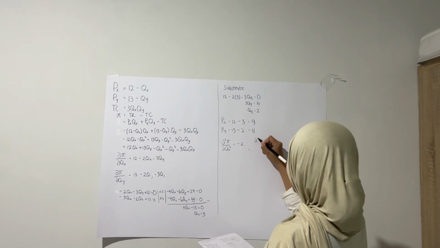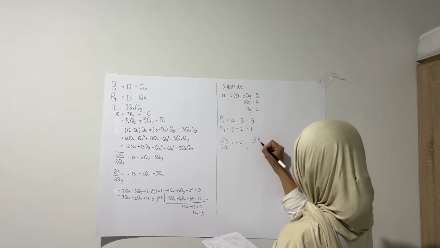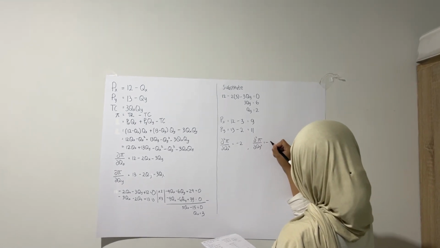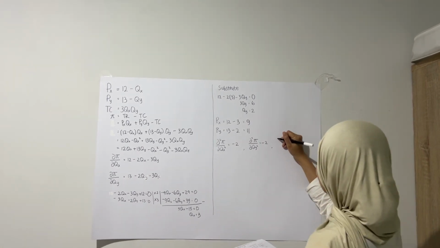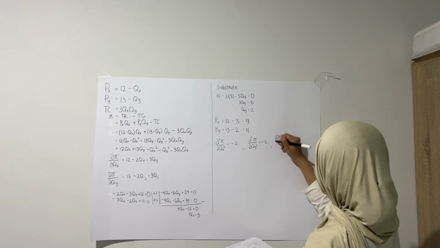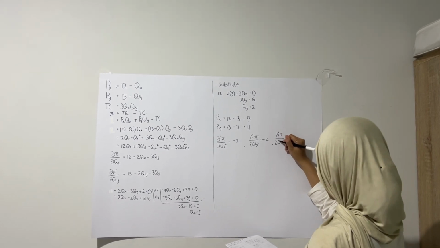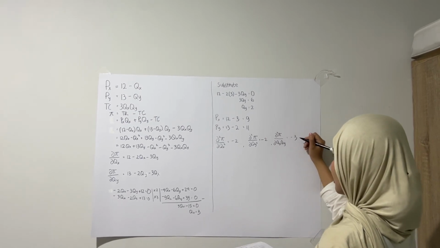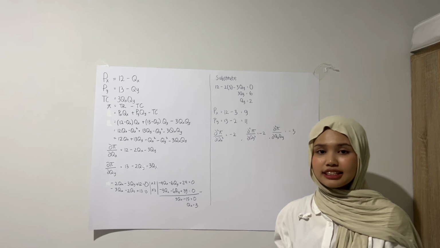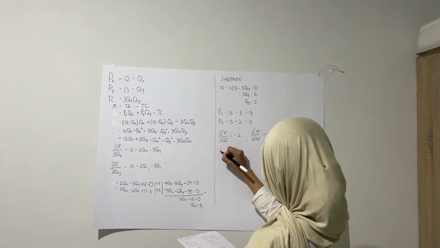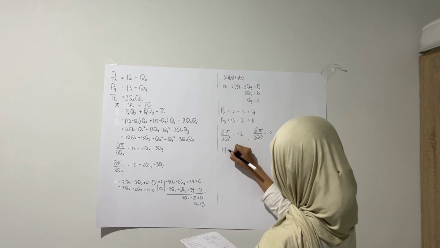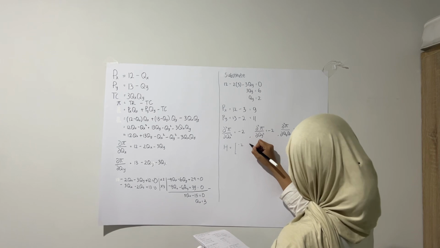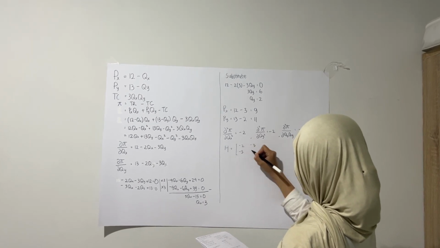And then dou squared V per dou qx dou qy equals minus 3. Next step is to find the Hessian matrix. The Hessian equals minus 2, minus 3, minus 3, minus 2.